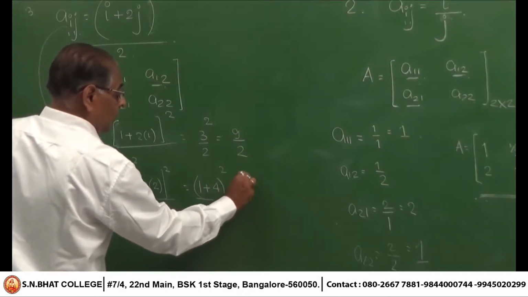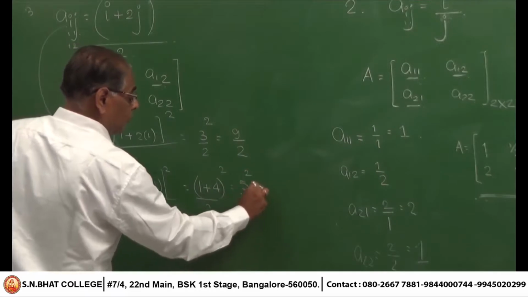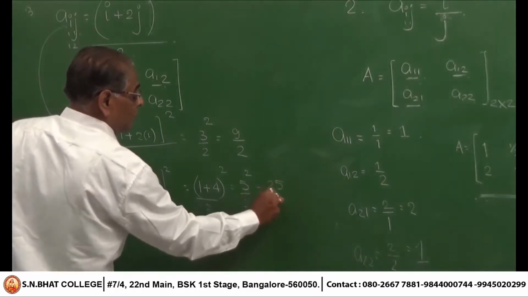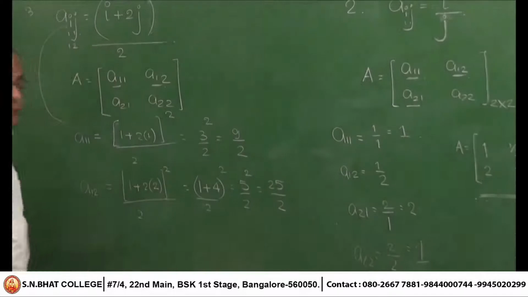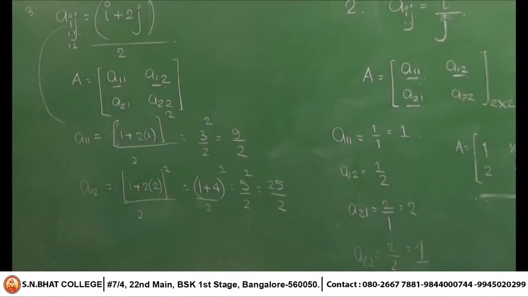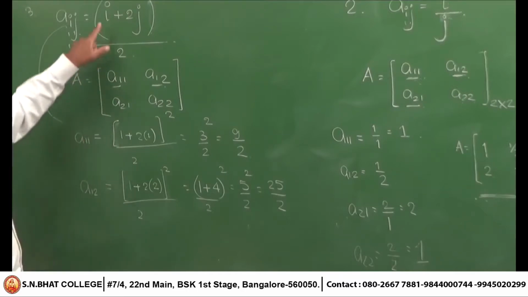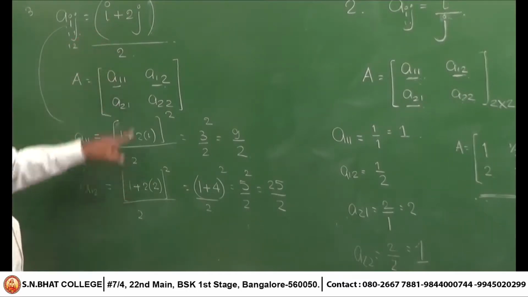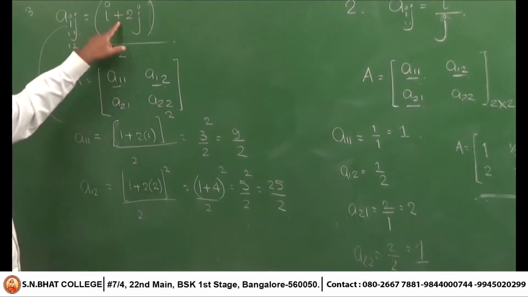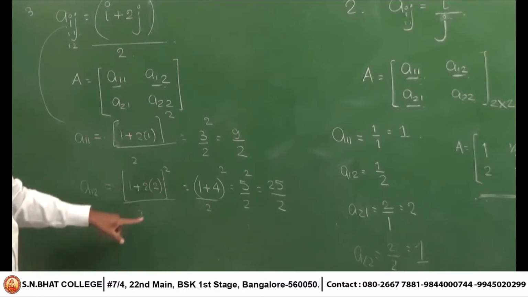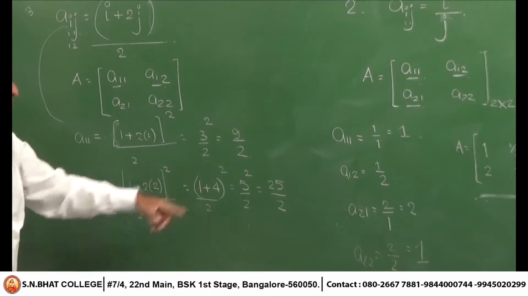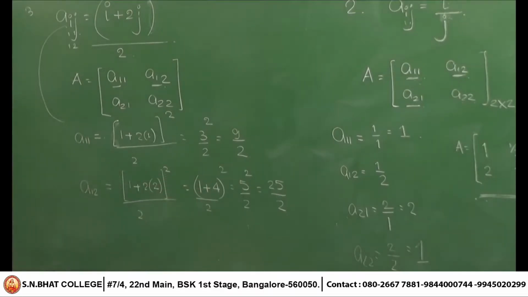This is 5 square by 2. 5 square is 25 by 2. A12 means replace i by 1, j by 2: (1 plus 2 into 2) whole square by 2. This is 4 plus 1, 5 square is 25 by 2.